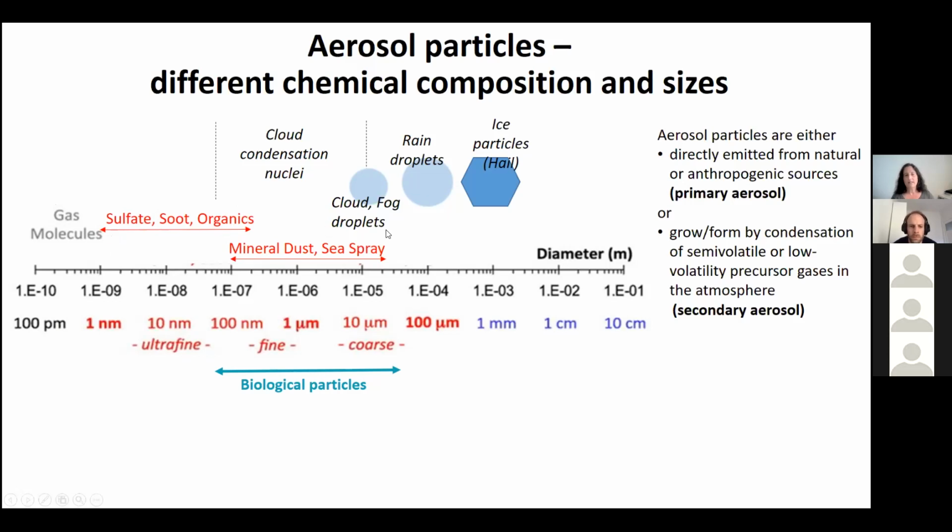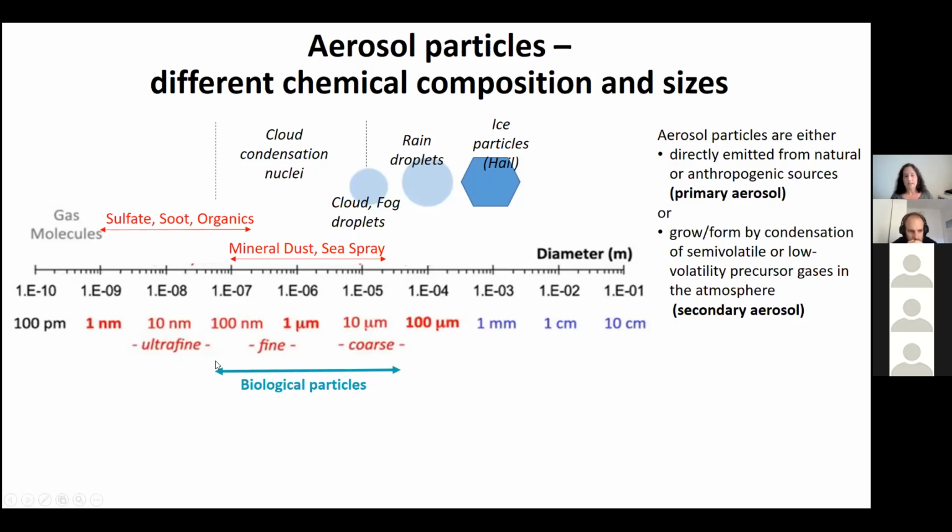Then we have mineral dust and sea spray, which are somewhat larger. And then any of the particles, if they are above a certain threshold of a few hundred nanometers, for example, can act as these cloud condensation nuclei on which cloud droplets form. When cloud droplets grow, they become rain droplets and fall down, or they form ice. So we span several orders of magnitude here.